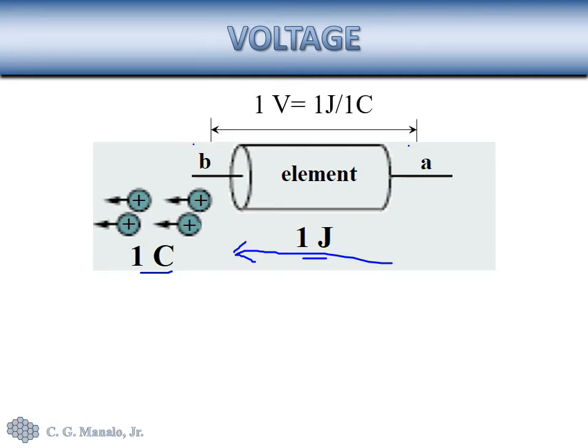That would mean that there exists a voltage of 1 volt between those terminals, and that 1 volt is actually just a ratio of the energy required, which in this case is 1 joule, and 1 coulomb of charge. So that is a clearer definition of voltage and what we mean by 1 volt.